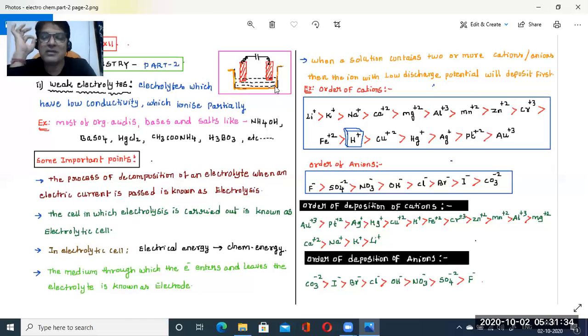And the same topic we can learn at the end of this chapter, the Ellingham diagram, very important. It is damn sure that objective questions will be given from it for mains. So this is the order. How can we remember this order? It can be remembered very easily with the help of a code word.